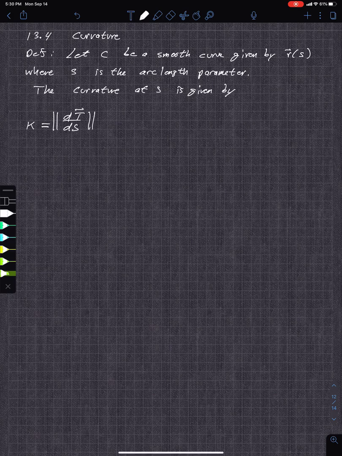So it's the magnitude of the rate of change of the unit tangent vector with respect to the arc length. Okay, and I'll try to describe that. So it's T prime of s, just different notation.